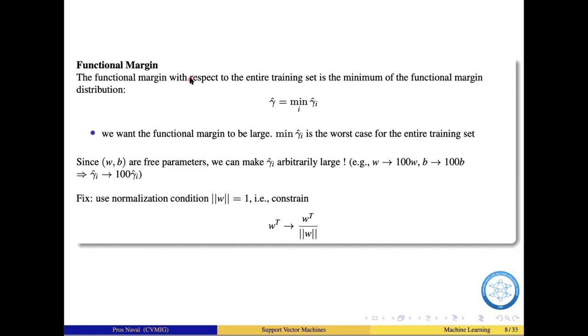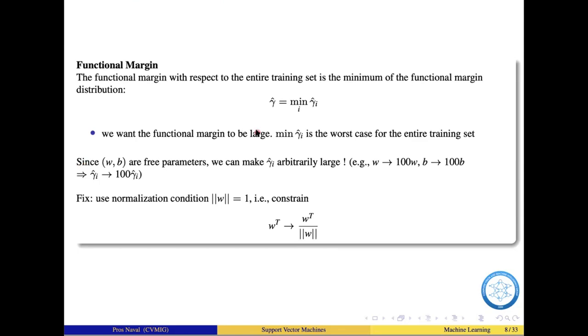In other words, you have gamma hat 1, gamma hat 2, up to gamma hat N. What is the minimum gamma hat? That is your functional margin. It is the worst case, and we want the functional margin to be large, and therefore the minimum of gamma hat i is the worst case for the entire training set.